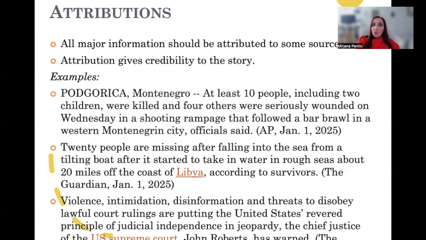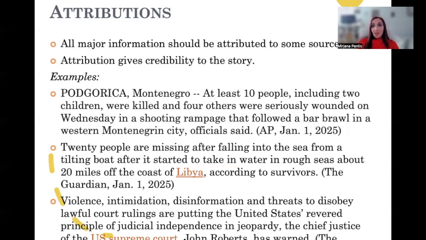But this is important to emphasize because if officials said that, then it means the information is accurate because they wouldn't be playing with the number of victims, especially in this case, when 2 victims are children.